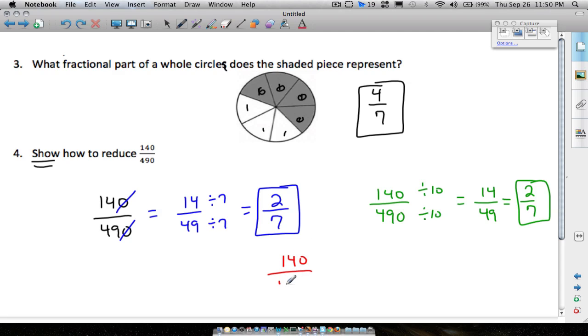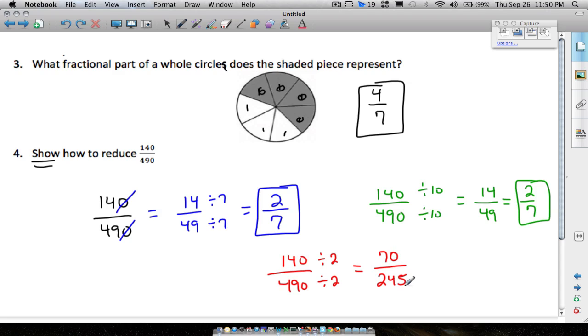This is a longer technique, but hey, sometimes you got to take the long way to get to the answer. Both of these numbers are even. That works too. We can divide by 2. 140 divided by 2 is 70. 490 divided by 2, 245. But now we got to go one step further.